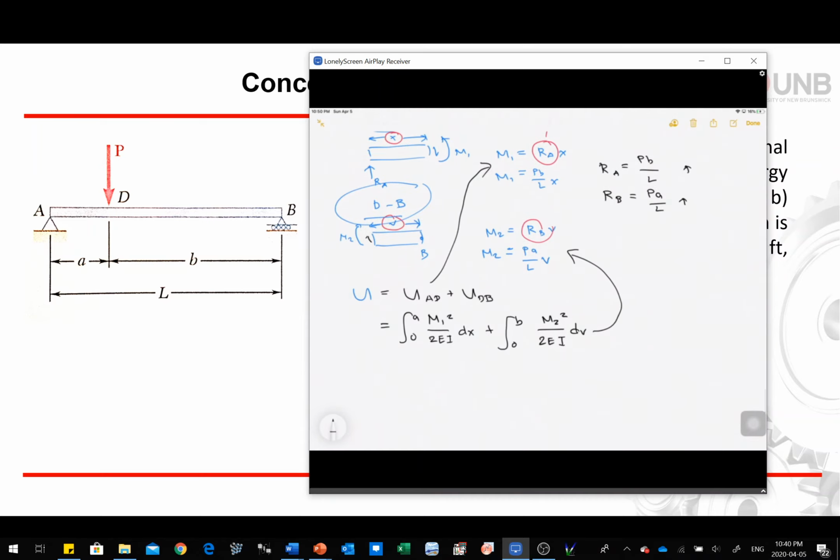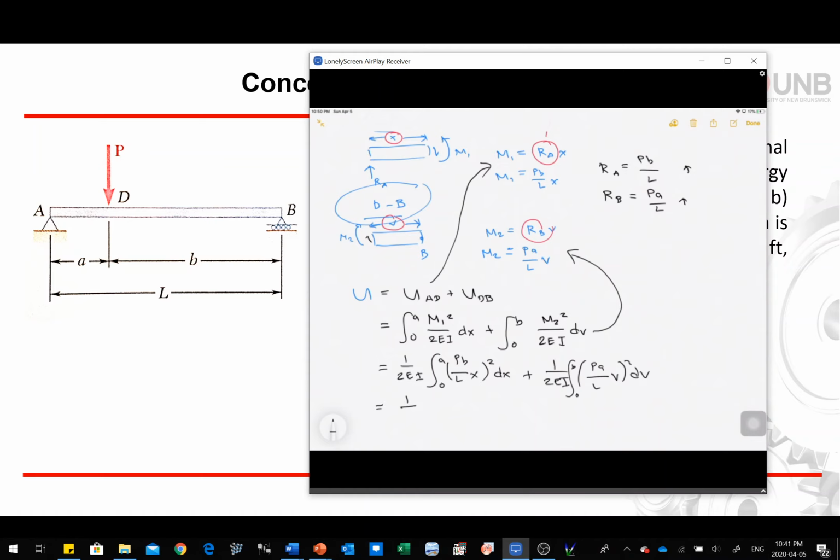Now, if we're going to calculate for this equation here, we're going to get 1/2 EI integral from 0 to A of (PB/L x) all squared dx, plus 1/2 EI integral from 0 to B of (PA/L) V squared dV, and then you will end up with the following.